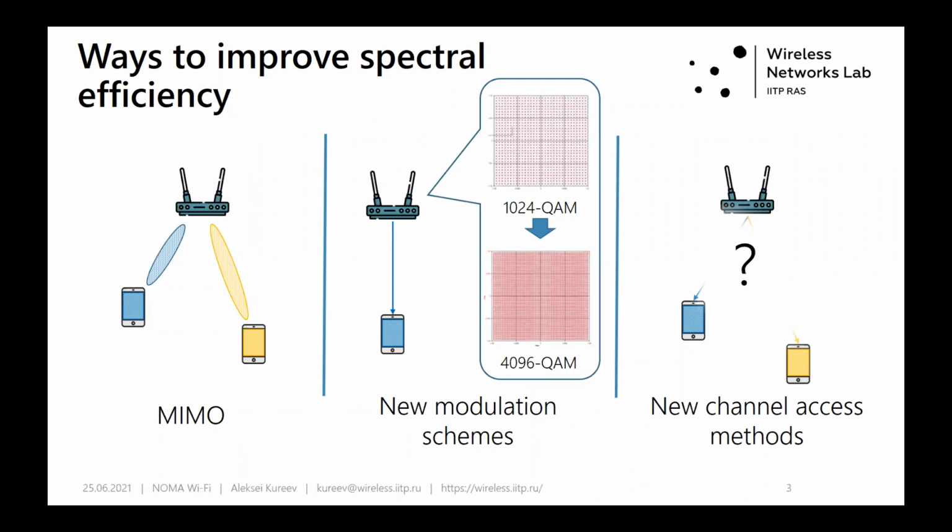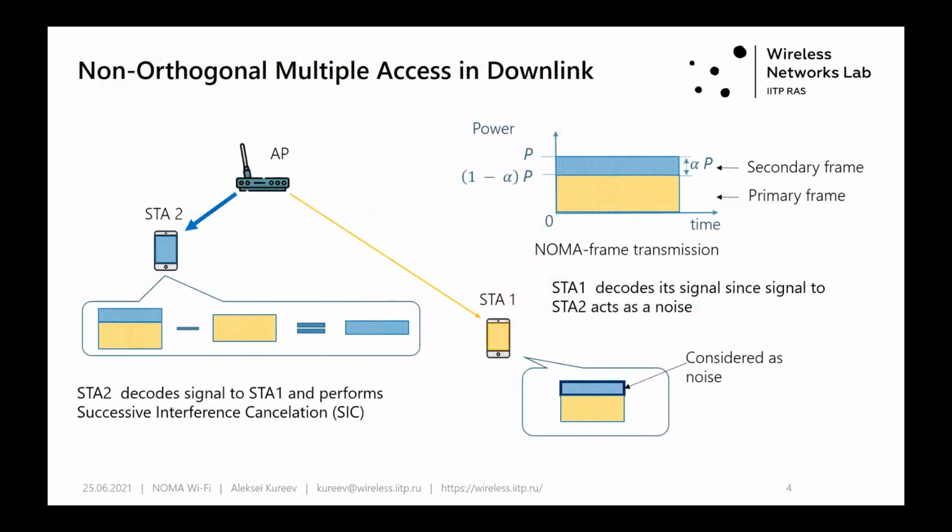For example, we can use MIMO, so we can use multiple antennas for transmission and reception. We can use new modulation schemes, for example, in Wi-Fi 7, which is currently in development, there can be 4096 QAM. Of course, we can develop some new channel access methods, and non-orthogonal multiple access is one of them.